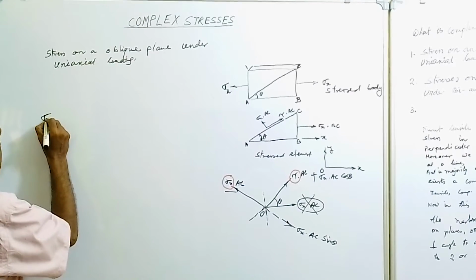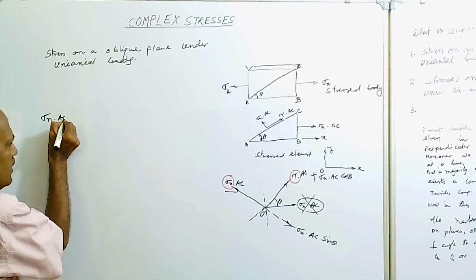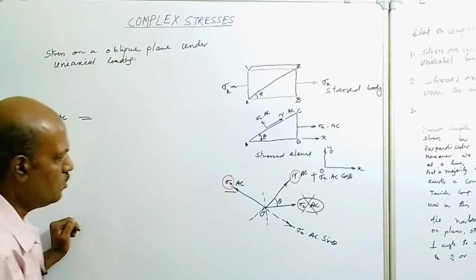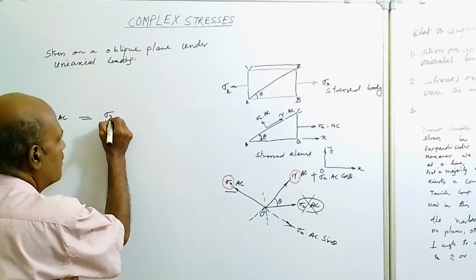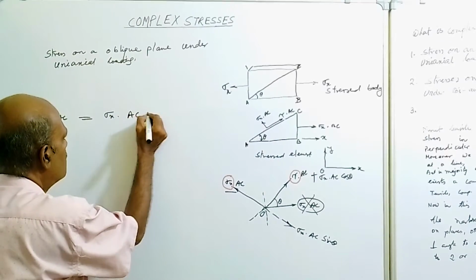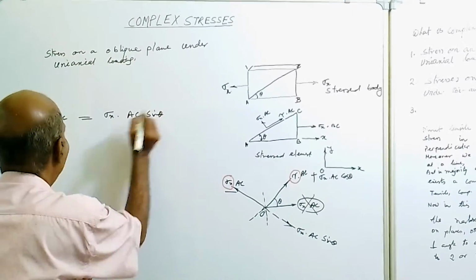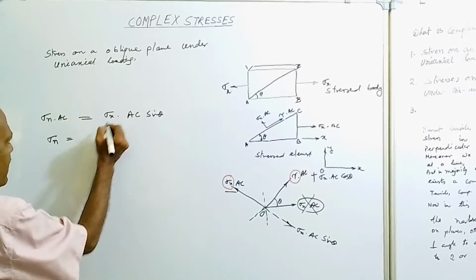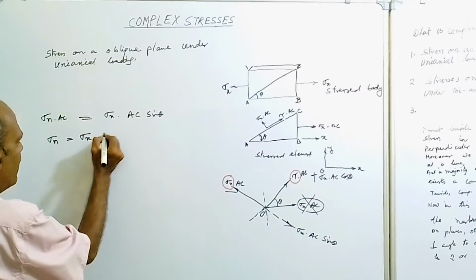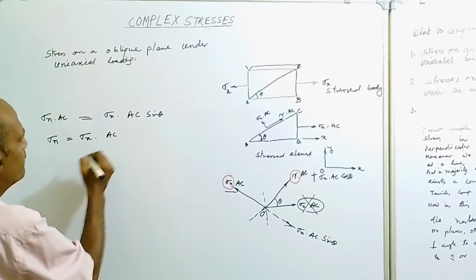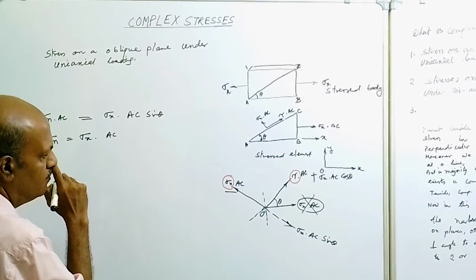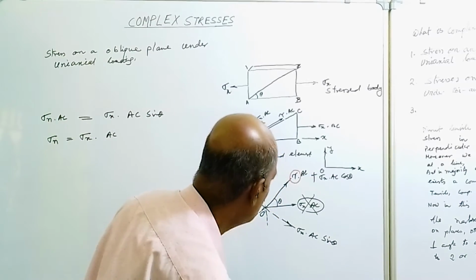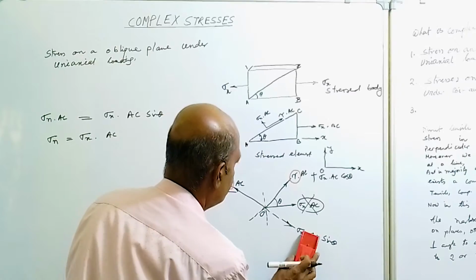Sigma n into AC, which is acting upward, will be equated to sigma x into BC into sin theta.